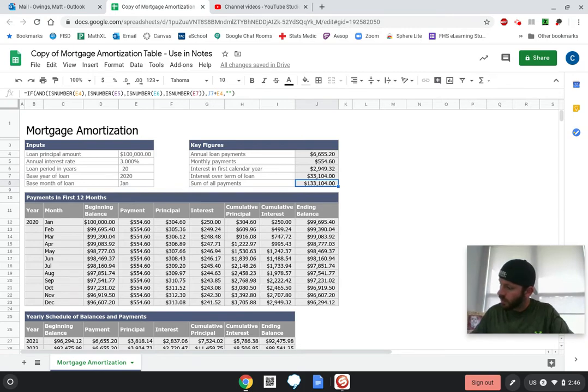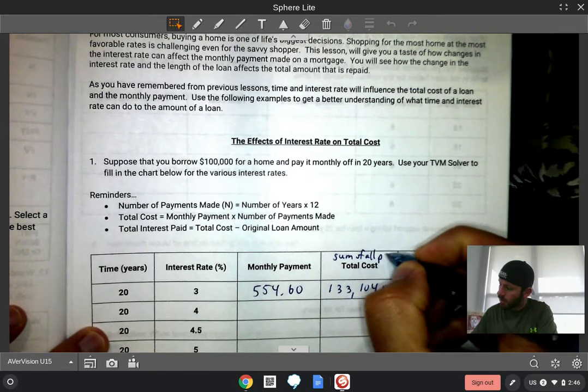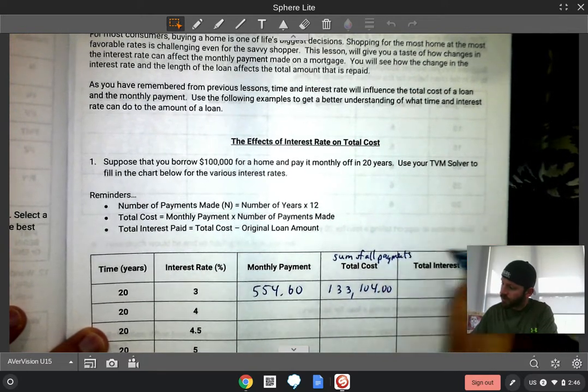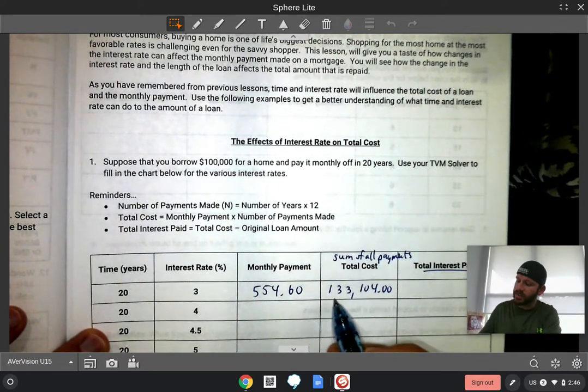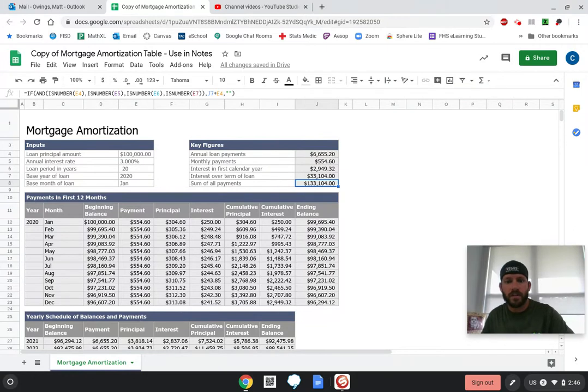So that's our sum of all payments. And the total interest paid, we can just take this $133,104 and subtract from it the $100,000. But our mortgage amortization table here does that for us right there, $33,104.